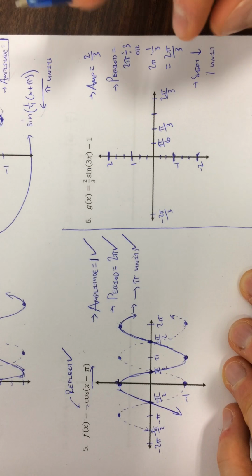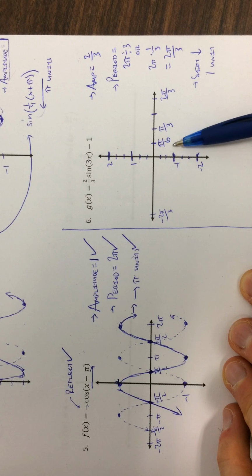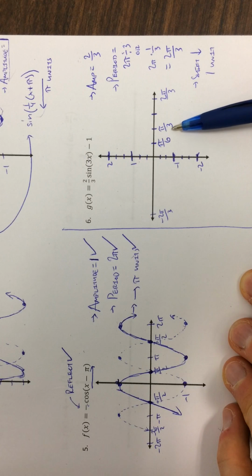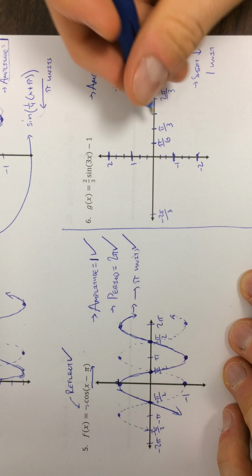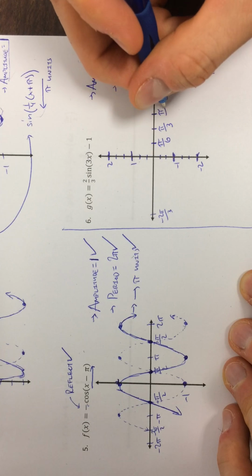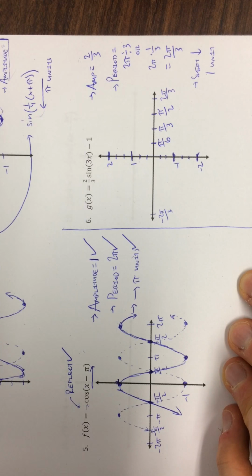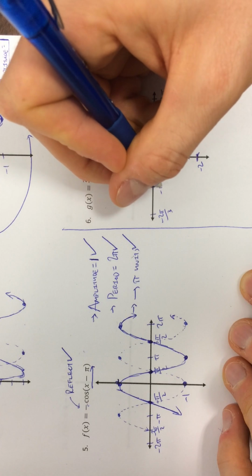And so now we're counting by pi over 6. So this is 1 pi over 6, 2 pi over 6, and 2 over 6 simplifies to 1 over 3. 3 pi over 6, but then 3 over 6 simplifies to pi over 2. And so then we can move backwards.